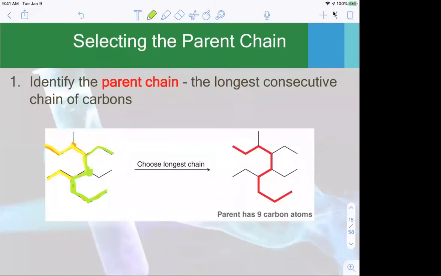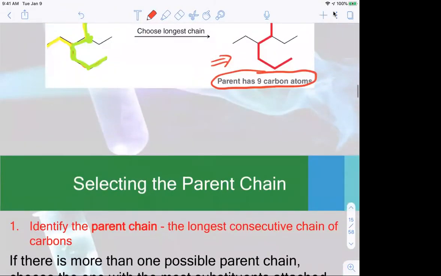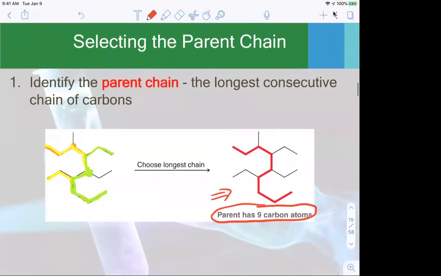As it turns out, it's the one that I did first. So my parent compound has 9 carbon atoms. That 9 carbon chain then, according to my naming system, would be a nonane.